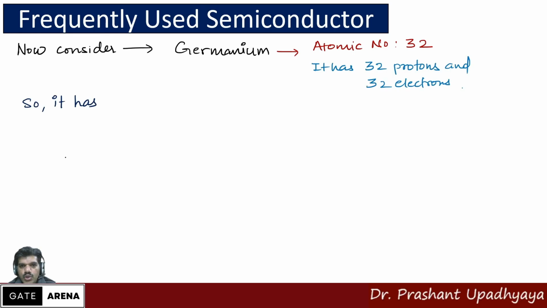It has 2 electrons in the first orbit, 8 electrons in the second orbit, and 18 electrons in the third orbit.